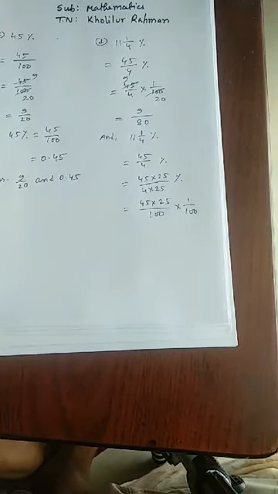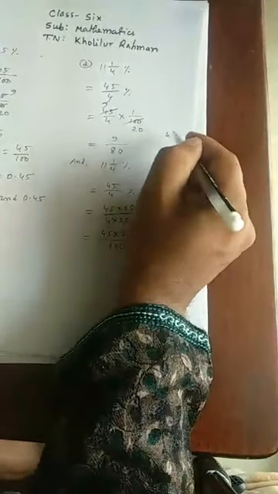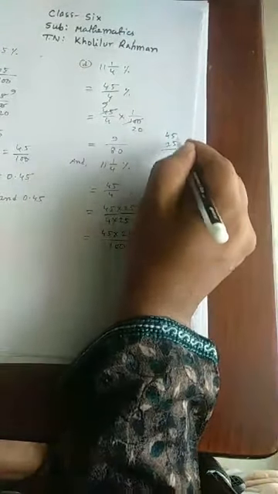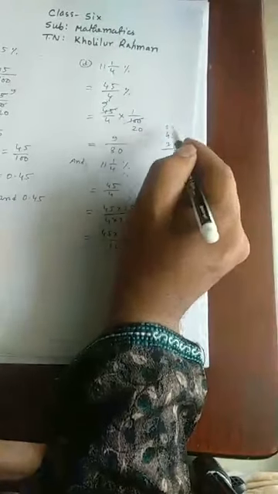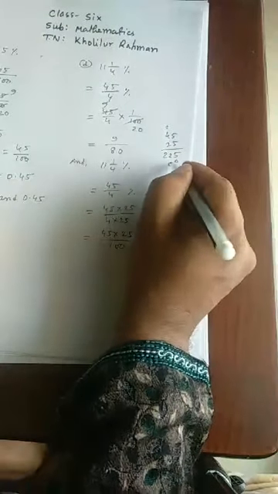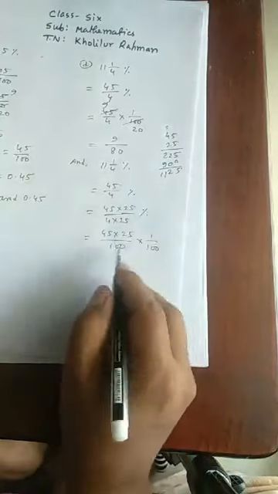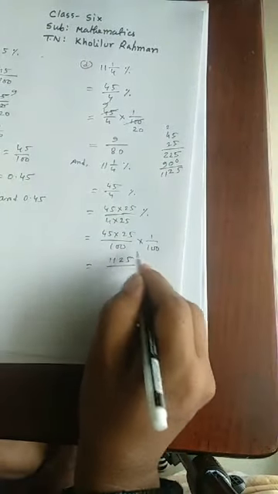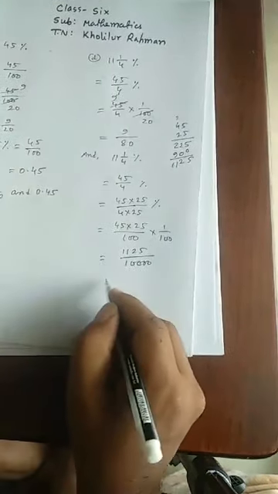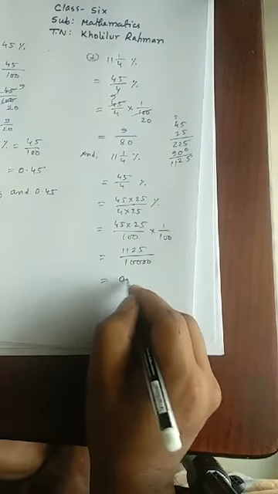So you can cut it, or you can divide it. 5 5s are 25, there will be 2, 5 4s are 20 and 2, 22. This one will be 0, 5 2s are 10, 0, there will be 1, 4 2s are 8 and 1, 9, 5 2s 1, 1. So it will be 1125 by 100 into 100, it will be 10,000. So you see 1 after 4 zeros, so you have to put a decimal before 4 digits. That means it will be 0.1125.